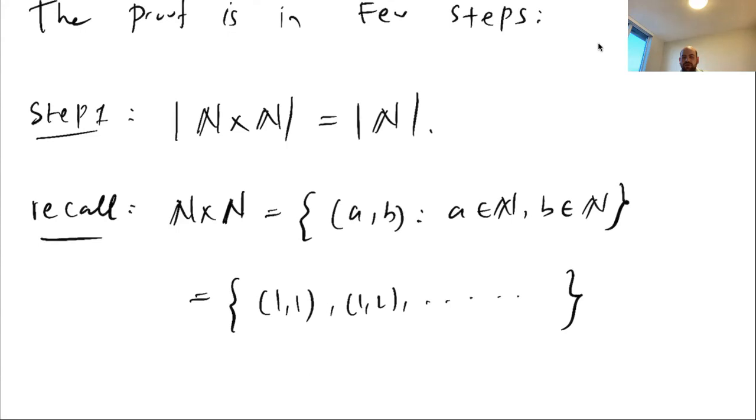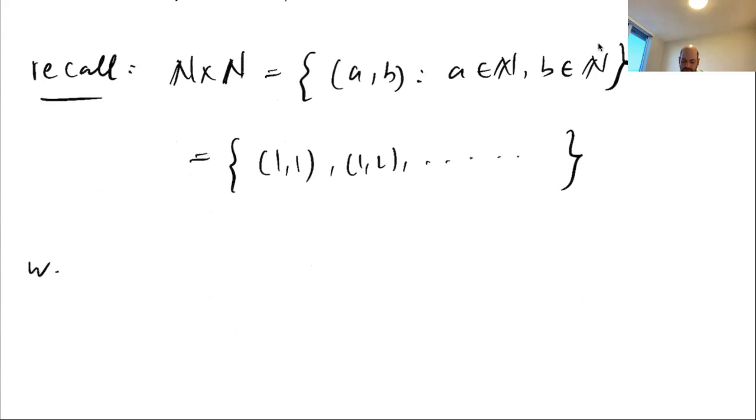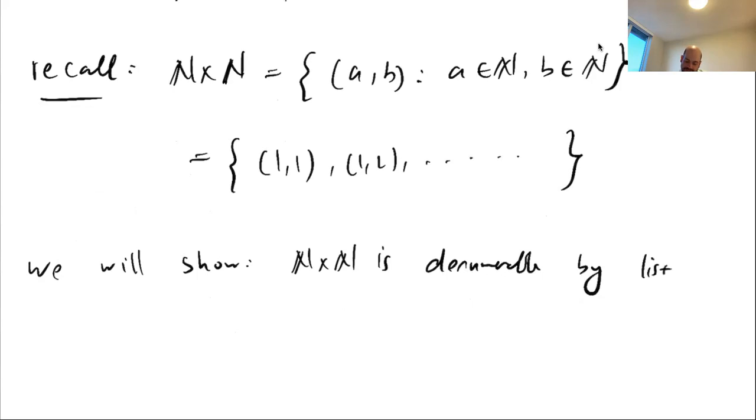Okay, how can I show that N cross N is denumerable? I want to show this by listing the elements of N cross N. Listing elements means what? As we did in the previous example or property, it means which one is the first element, which one is the second element, and so on.